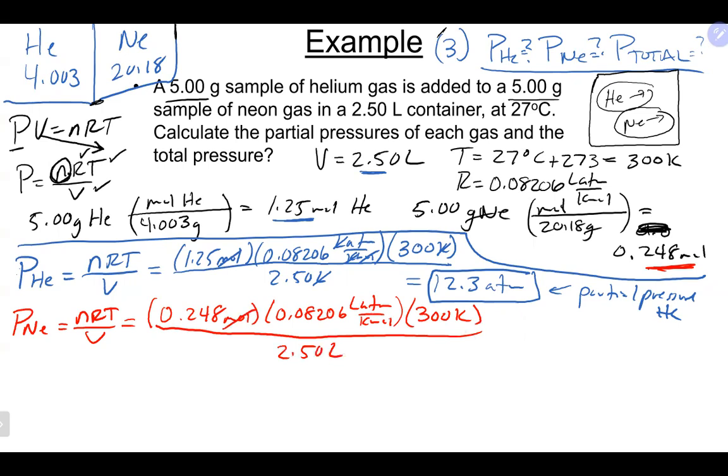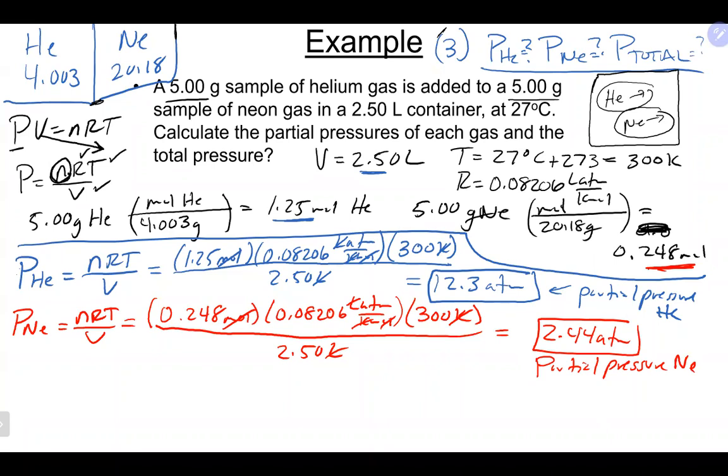Once again, the moles will cancel, the Kelvin will cancel, the liters will cancel, leaving us atmospheres. Taking 0.248 times 0.08206 times 300, equals, divided by 2.5 gives us 2.44 atmospheres. And that would be the partial pressure of neon in this mixture. Any questions on any of those numbers there?